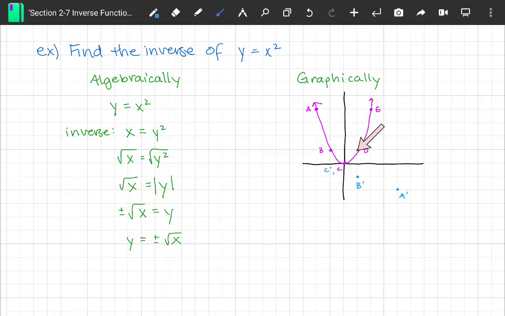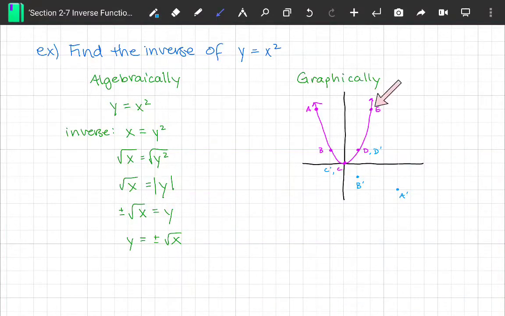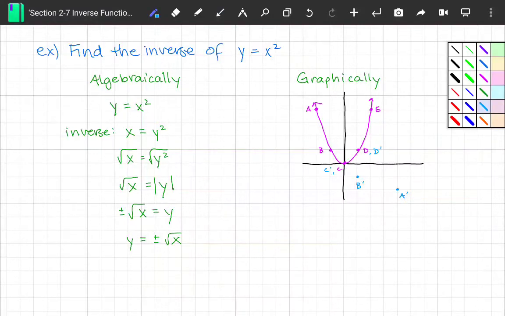And if D is at 1, 1, when you switch x and y, you still get 1, 1. And then E is at 2, 4, so you switch E and you get 4, 2. So I have these 5 points.